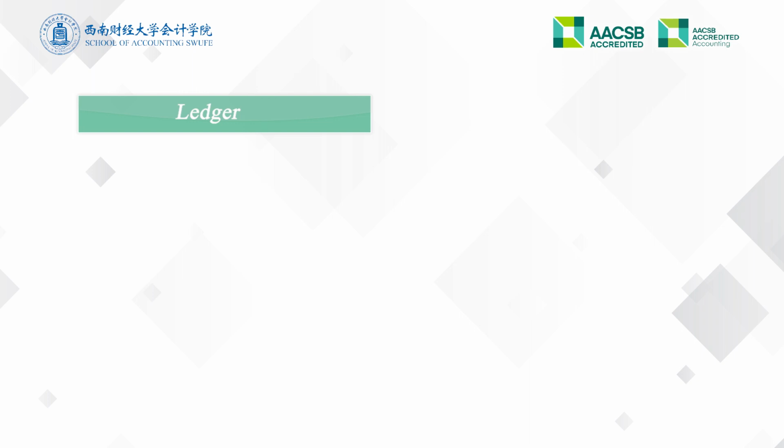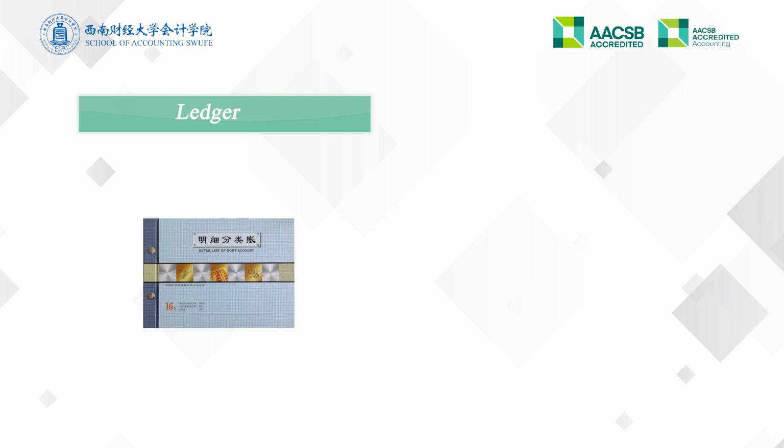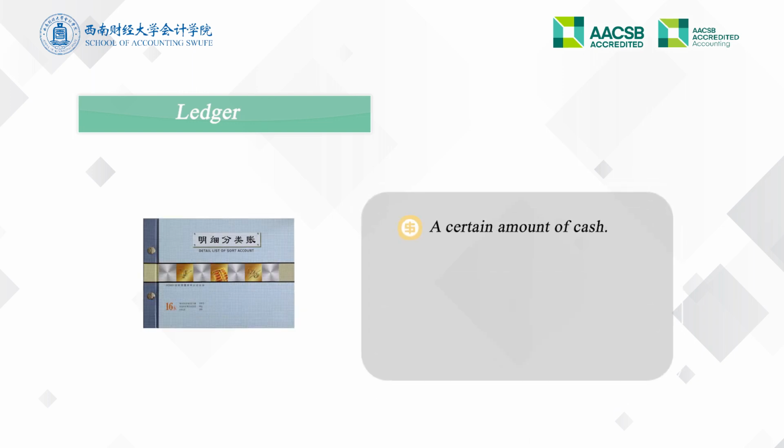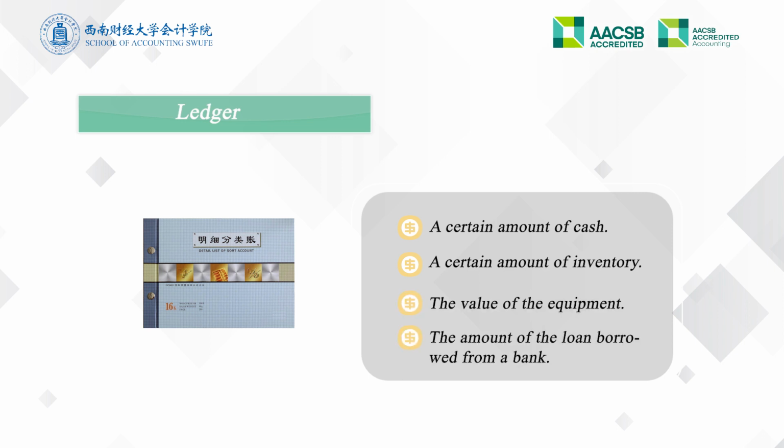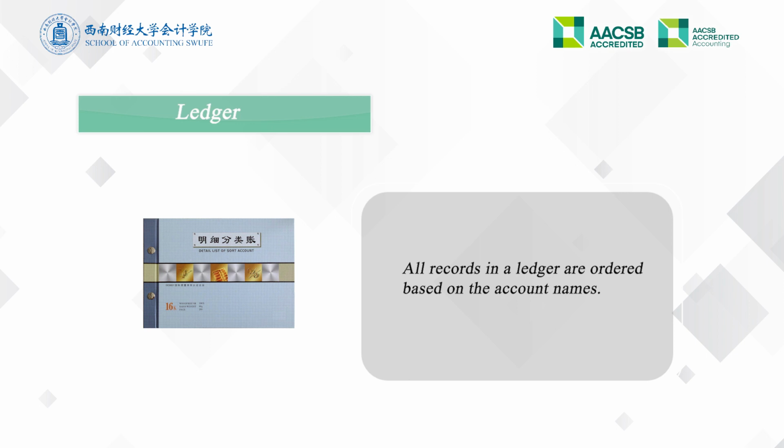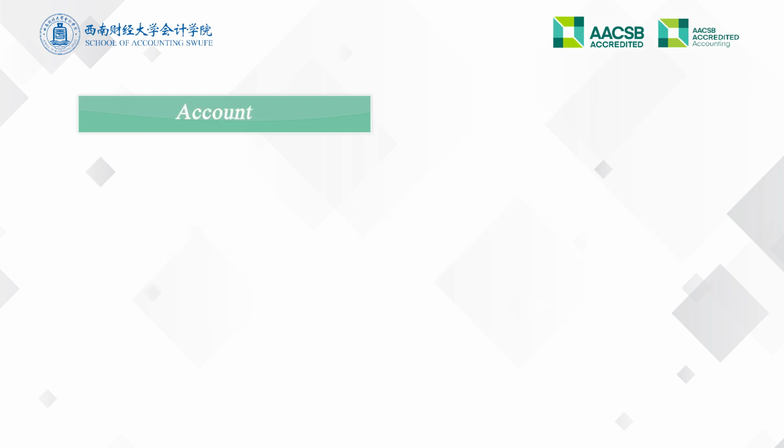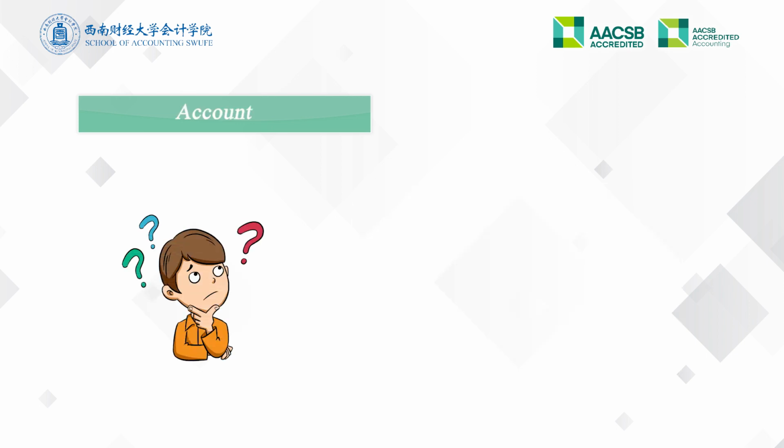On the other hand, the ledger shows the company has a certain amount of cash, a certain amount of inventory, the value of the equipment, and the amount of loan borrowed from a bank. So all records in a ledger are ordered based on the account names. What is an account?